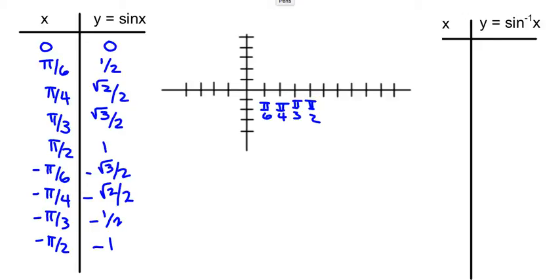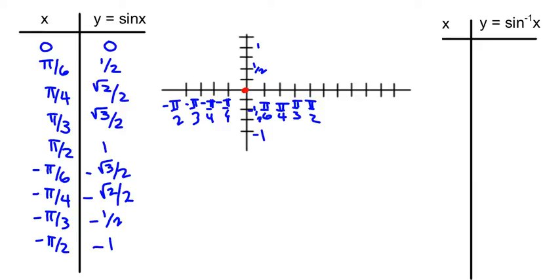Then same thing over here: negative pi over 6, negative pi over 4, negative pi over 3, negative pi over 2. The highest we're going to go up is to 1, so I'm just going to have this be 1/2 here and then 1. Negative 1/2, negative 1. All right, let's graph them and see what we get.